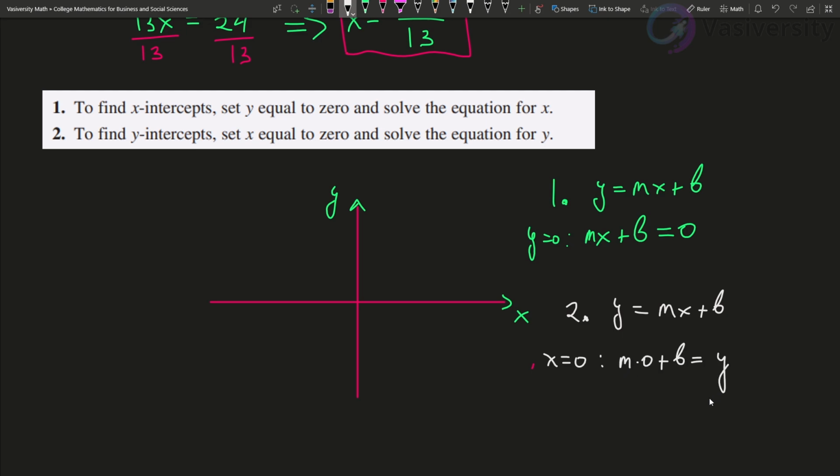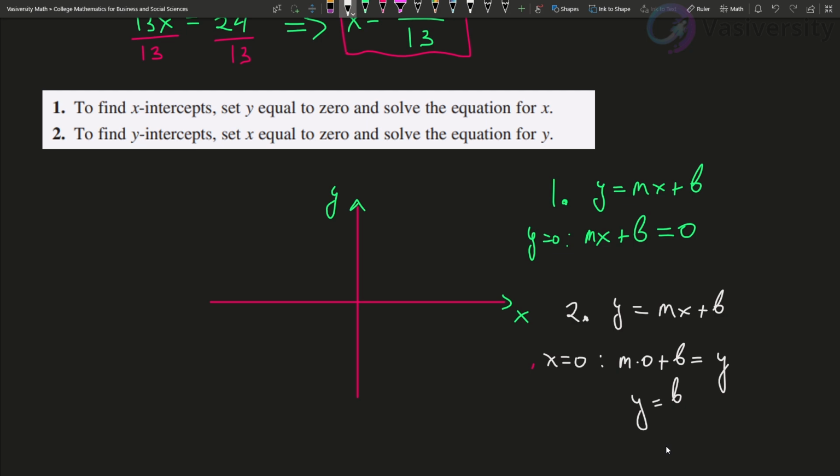Right, in this kind of equation, we know that y will always be equal to b. Right, for the linear equation, the b coefficient is the y-intercept. Meanwhile, it is useful to keep in mind that these rules will apply to all of the equations when we are trying to find the x-intercept and y-intercept.